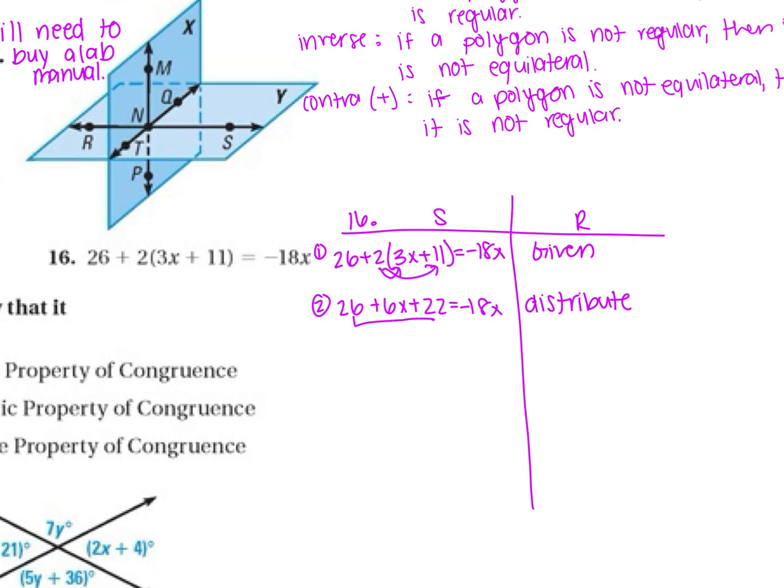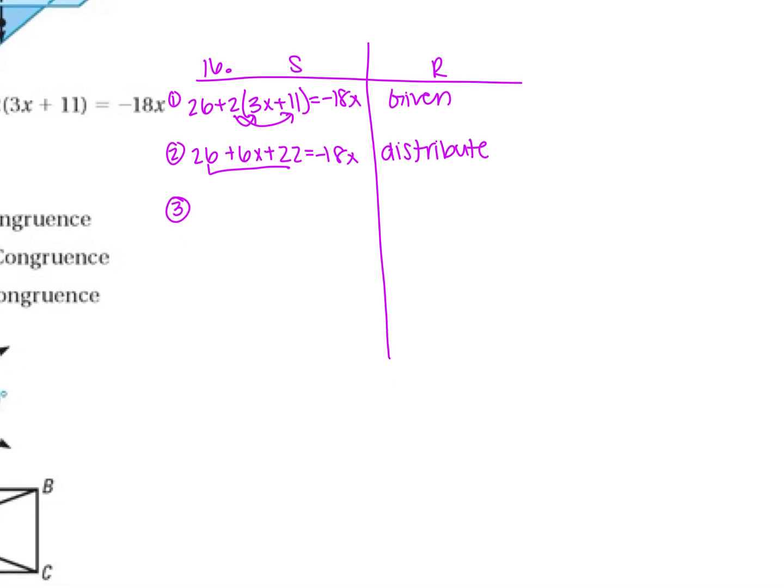Okay, I'm then going to use my third step, which is combine like terms, or you could write it as simplify. 48 plus 6x equals negative 18x.